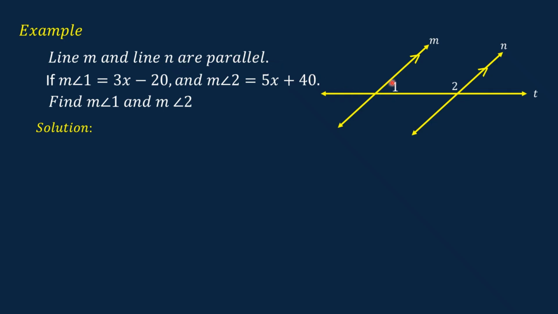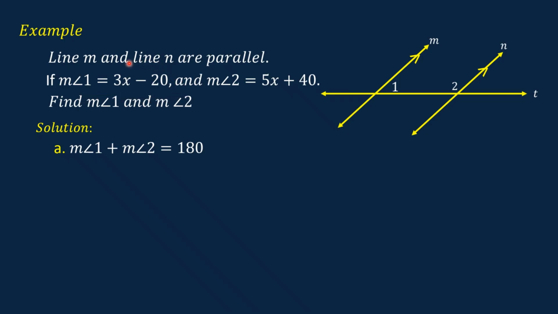Therefore, angle 1 and angle 2 are supplementary. If they are supplementary, then the sum of their measures is equal to 180. So we can say that the measure of angle 1 plus the measure of angle 2 is equal to 180. It is given that the measure of angle 1 is equal to 3x minus 20.